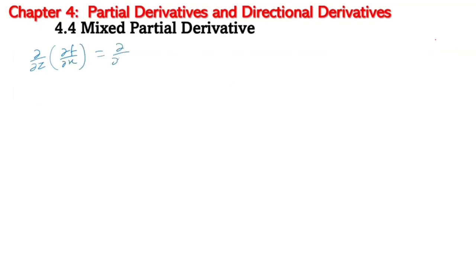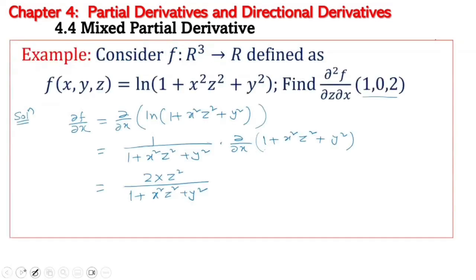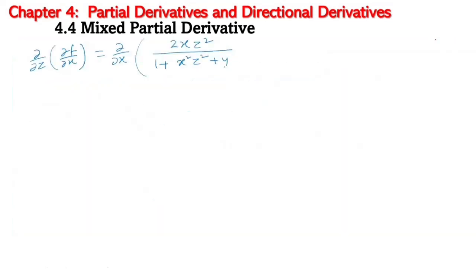So this is equal to ∂/∂z of 2xz² over (1 + x²z² + y²). So this is ∂²f/∂z∂x.